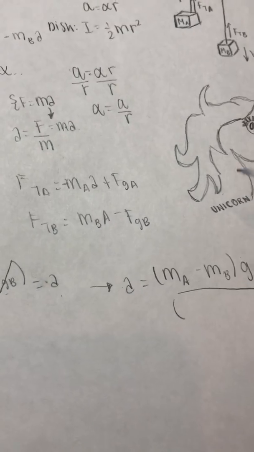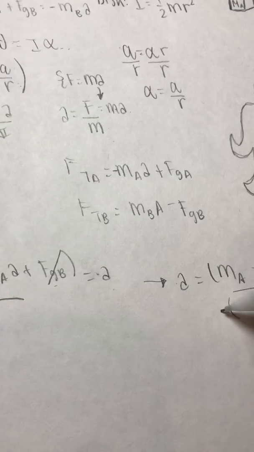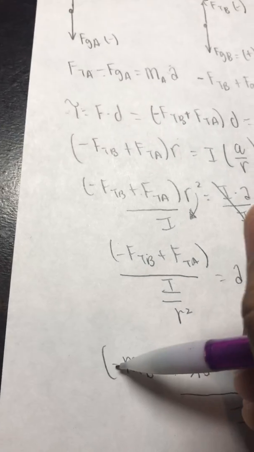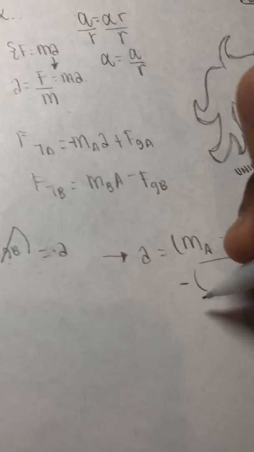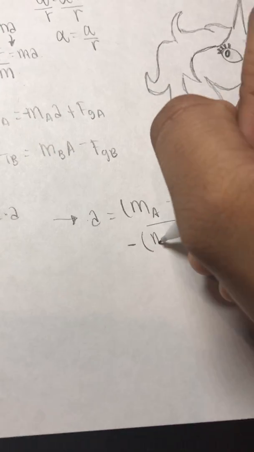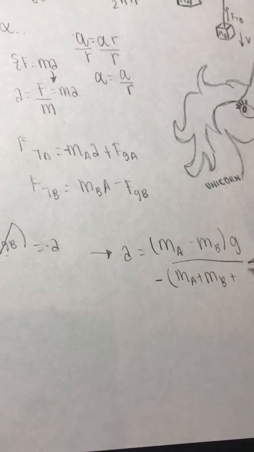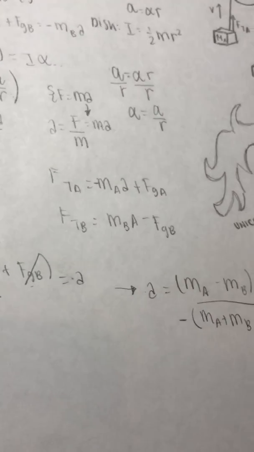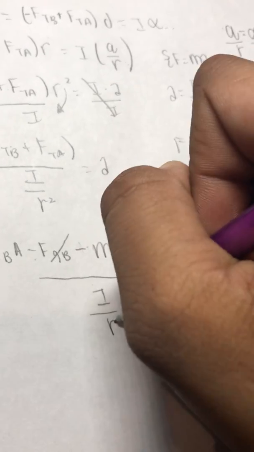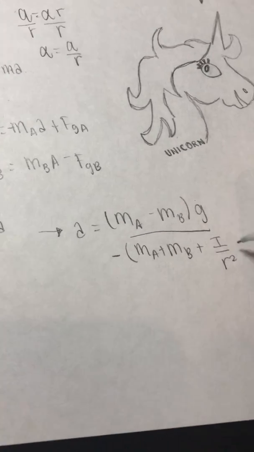We want to include our masses down there as well, but we're going to have that negative in place from before over here. So we're going to take out that negative, and we're going to have MA plus MB plus I over, oh, we forgot the r squared here, I over r squared, right?